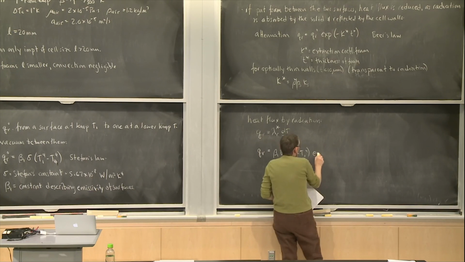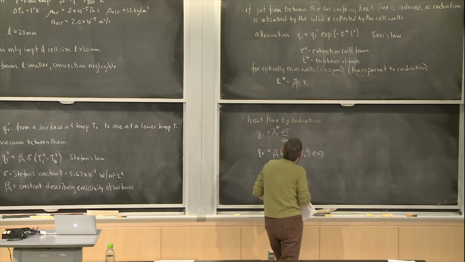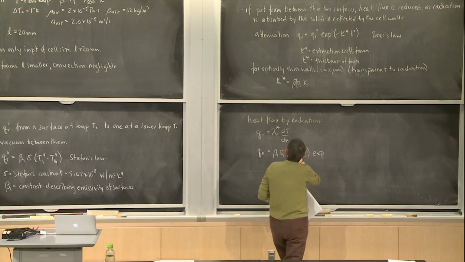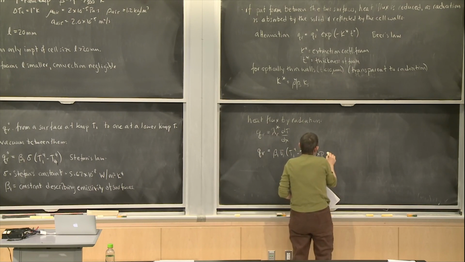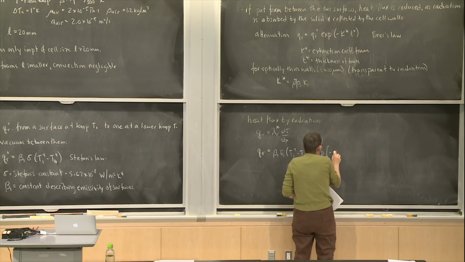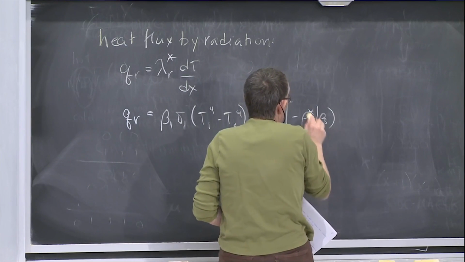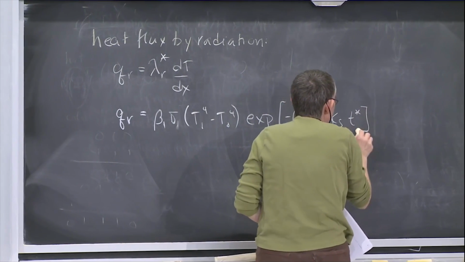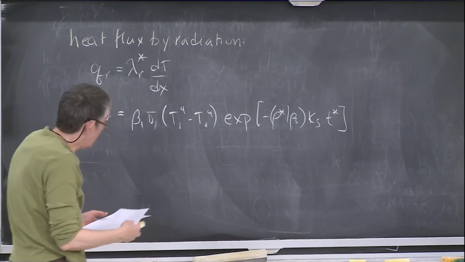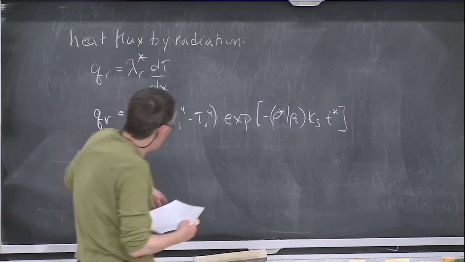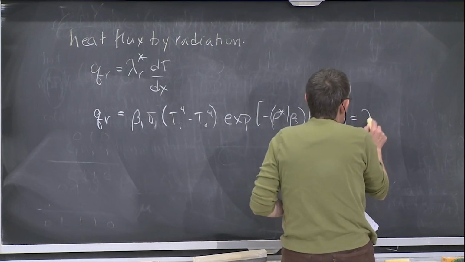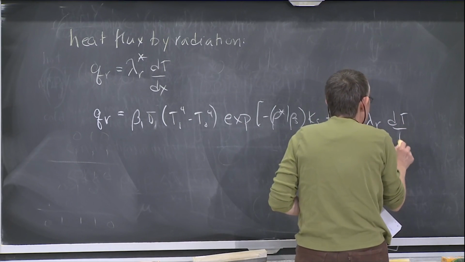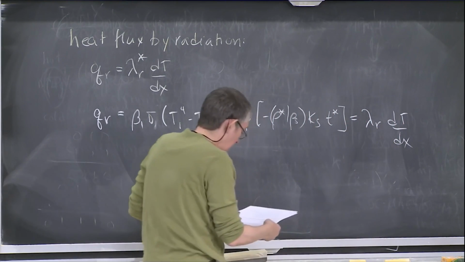And then I've got my exponential for the attenuation. And instead of K star, I'm going to put the relative density times Ks. And then I've got the thickness of the foam, T star, as well. Okay, so that's QR, but that has to equal lambda R times dT by dx.